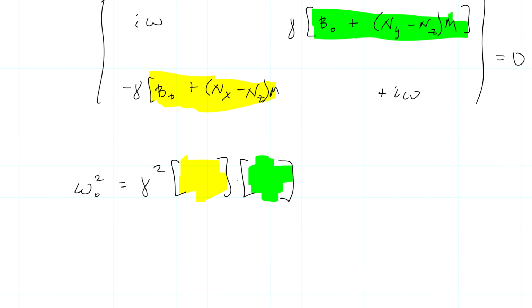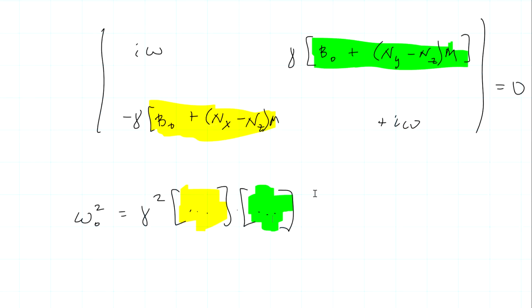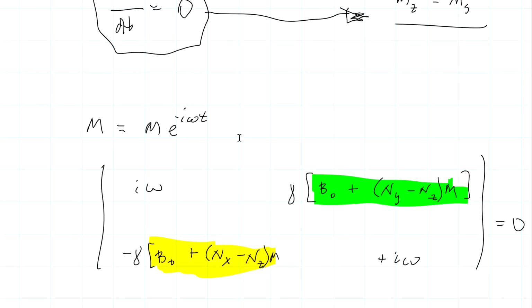I'm not rewriting those because you have it already written. So what we did is we actually found a frequency, and that is the frequency at which our magnetic moment would oscillate. We are not looking at M as a function of time, but we can still find it because this is the solution, and this is how it will oscillate.